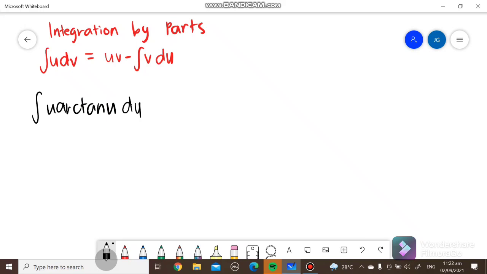Okay, so for this example we will have the integral of u arctangent of u du. We need four things here. Since the usual variables are u and v, but this time u is in the given, to avoid confusion we will replace them with other variables. So we can say that the integral of a db is equal to ab minus the integral of b da.